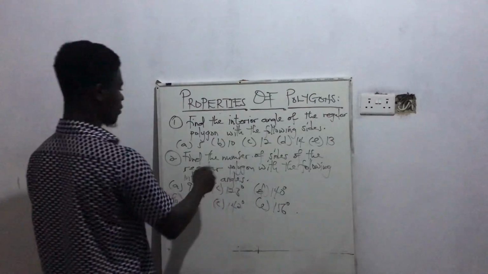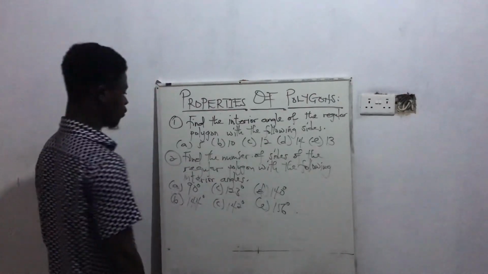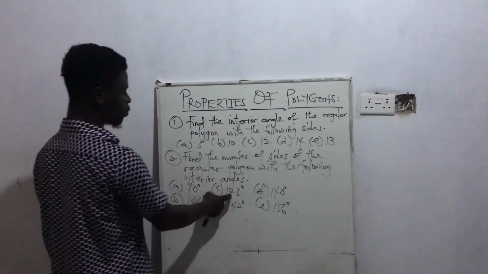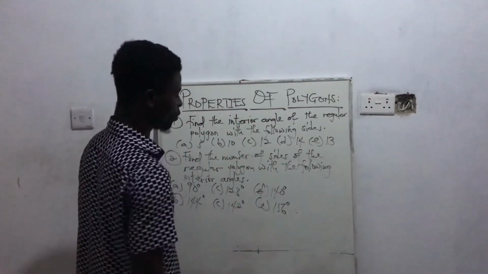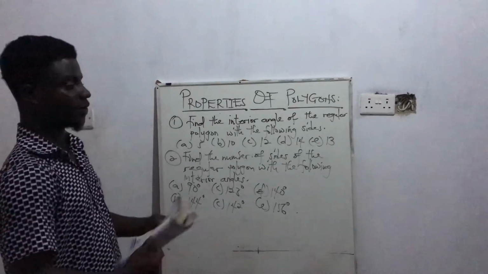Find the number of sides of the regular polygon with the following interior angles: 90 degrees, 123 degrees, 140 degrees, 144 degrees, 142 degrees, 156 degrees.